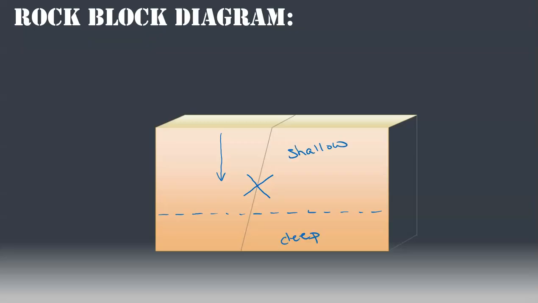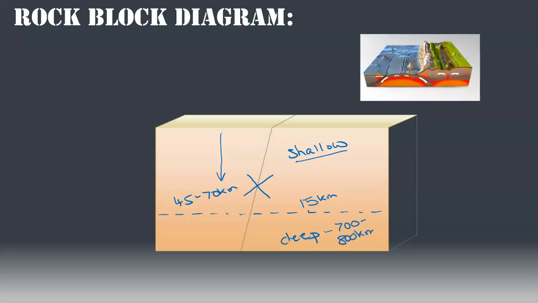Some literature says as little as 15 kilometers, some say between 45 to 70 kilometers, and it's a range between those numbers which would constitute a shallow earthquake. If it's a deep earthquake, it can usually go down as deep as 700 to 800 kilometers under the ground.